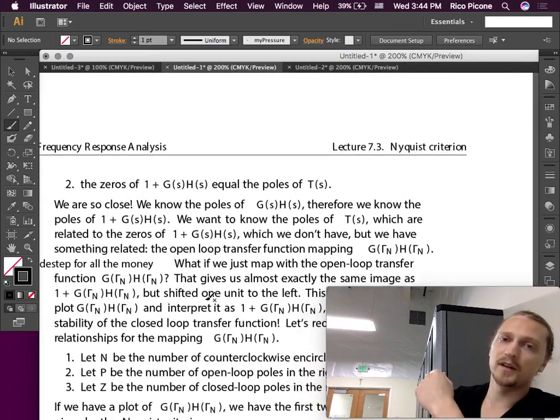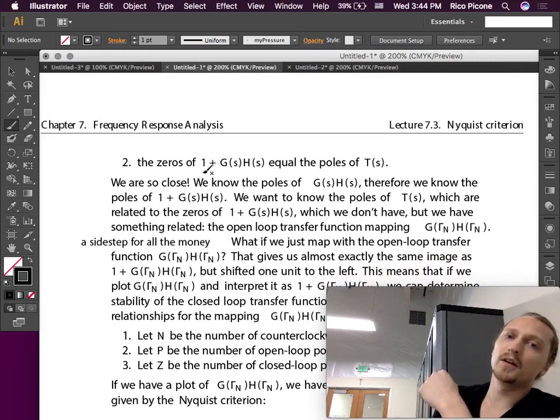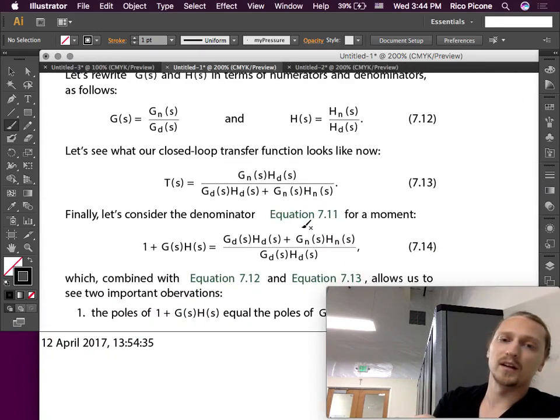The next observation is that the zeros of 1 plus GH equal the poles of T of S. Let's go back here. The zeros of 1 plus GH, which come from up here, equal the poles of T of S. So this denominator is equal to this numerator.